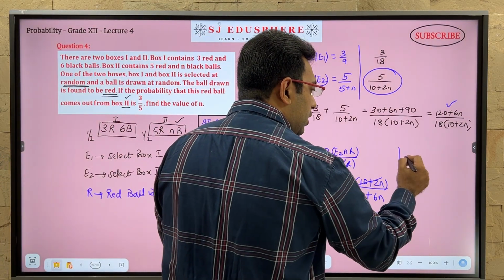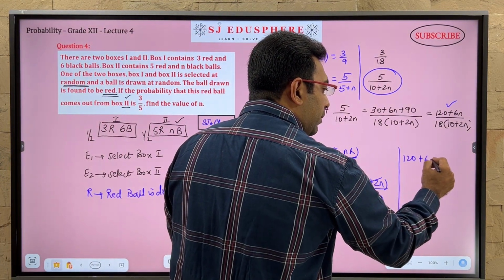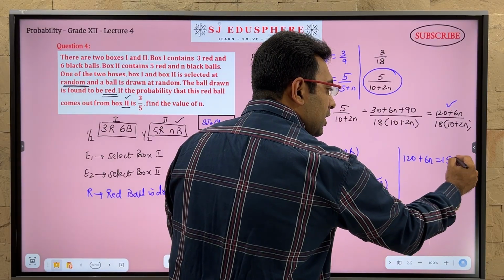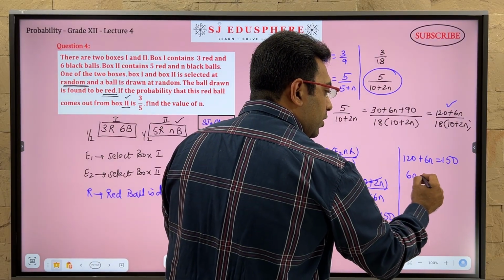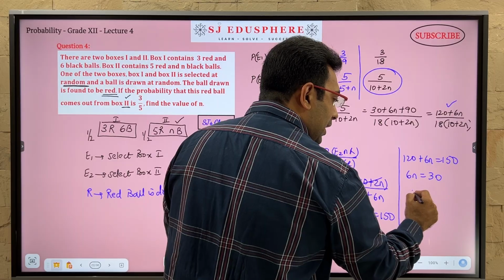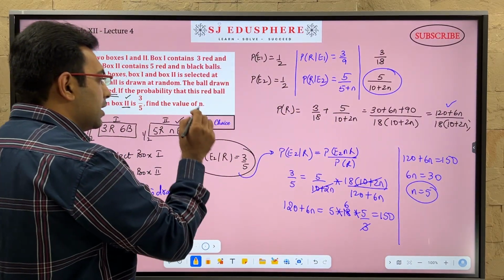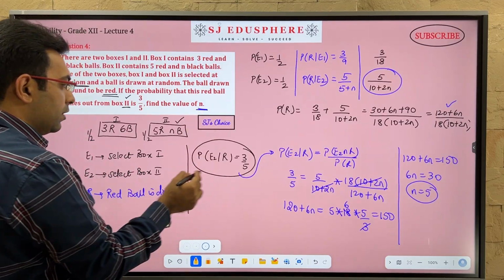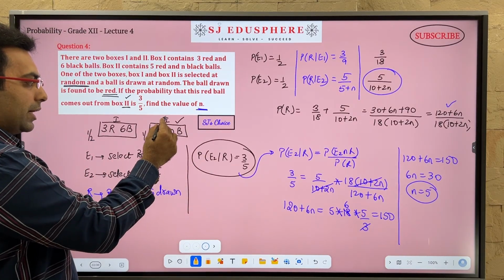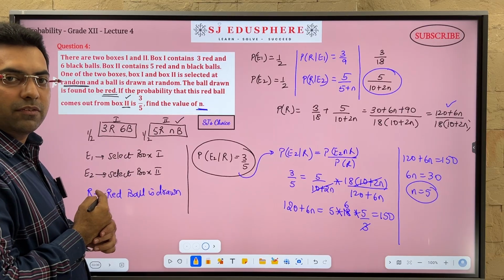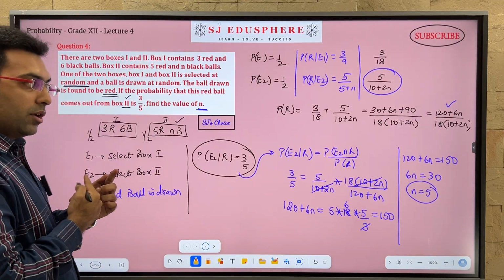Do I know 6n is 30 and hence n is 5? That means the number of black balls in this bag is 5. So this has gone reverse over here.